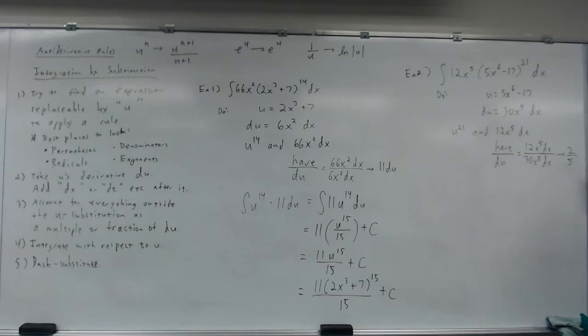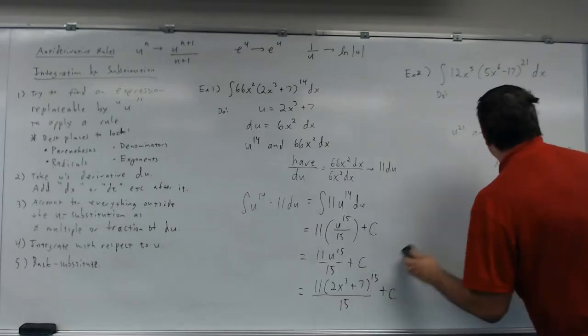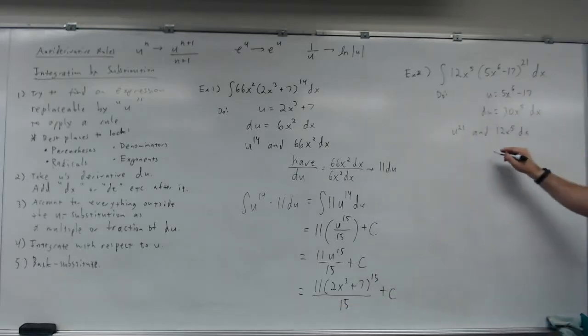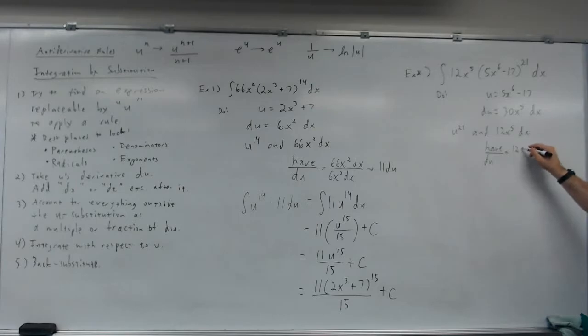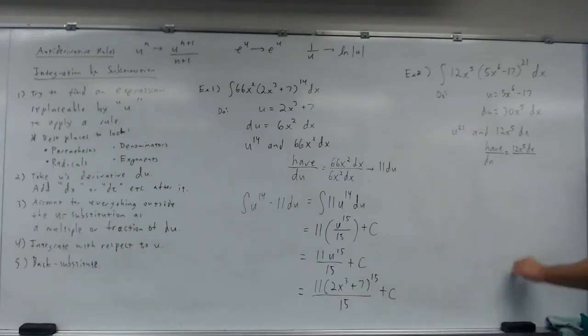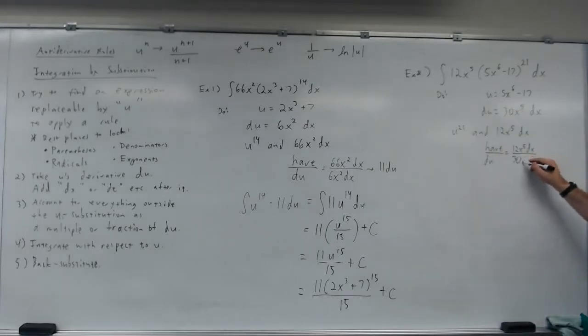So 2/5 du. Let me do that again. 12x to the fifth dx over du is 30x to the fifth dx, and that reduces to 2/5. And I'm going to stick a du after that.